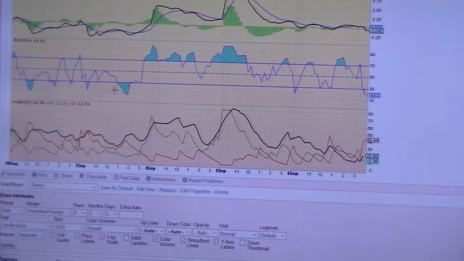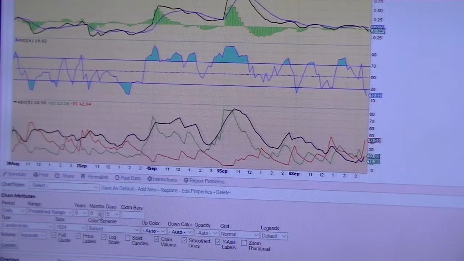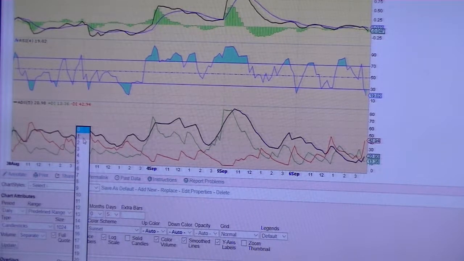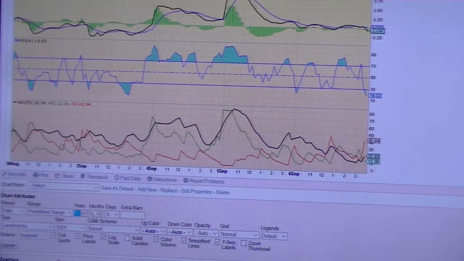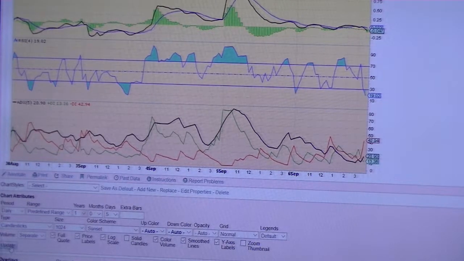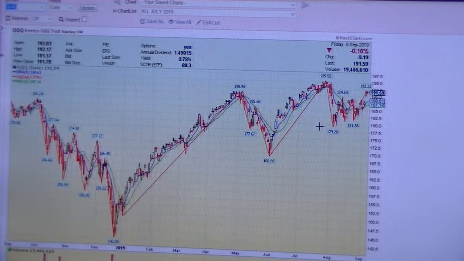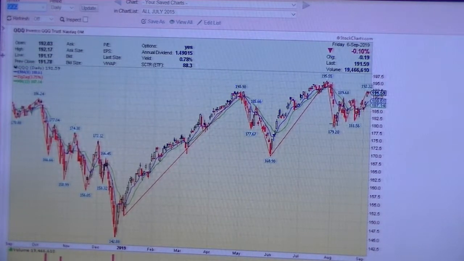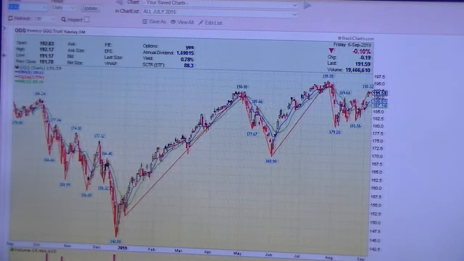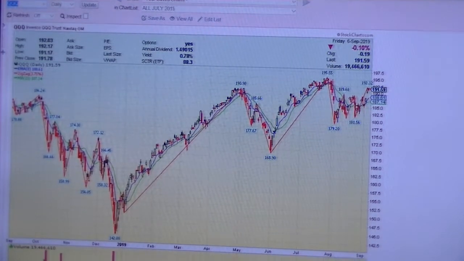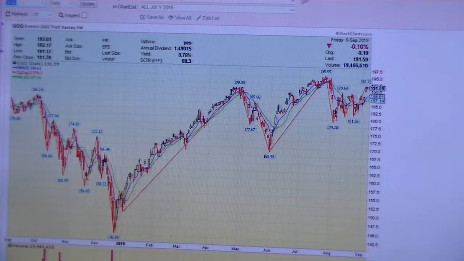All right, so let's get started. I am going to change the parameters on my chart here so that we can take a look at different time frames and take a look at support and resistance. So what I just did is I changed the chart to a 1 year daily chart.